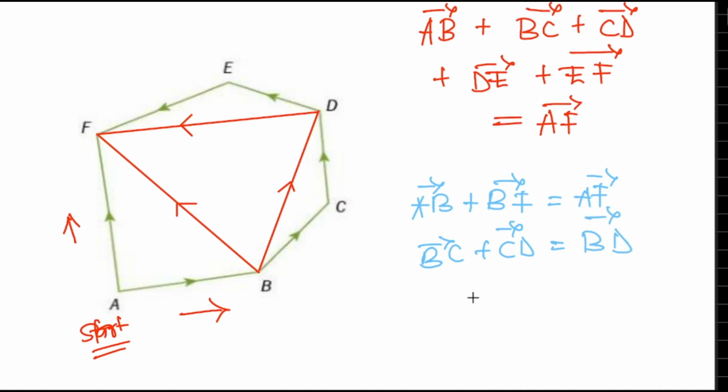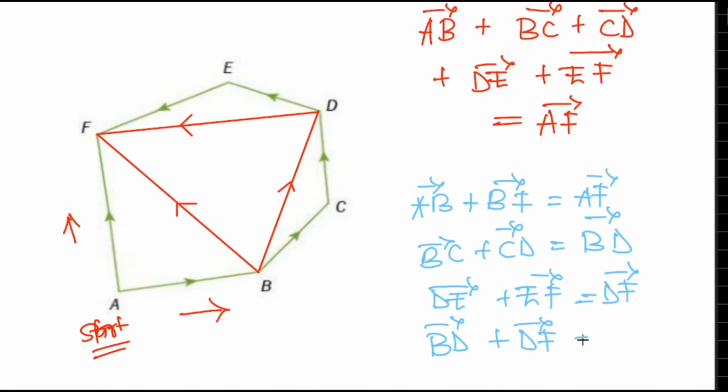You can see the breaking down. And DE plus EF equals DF. So also even inside the bracket, if we take BD plus DF, we're going to get BF.